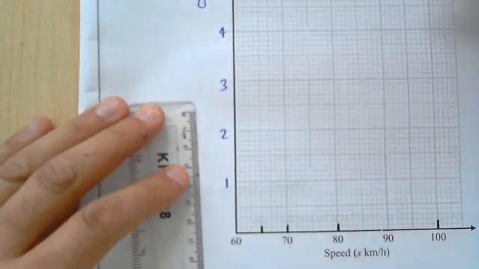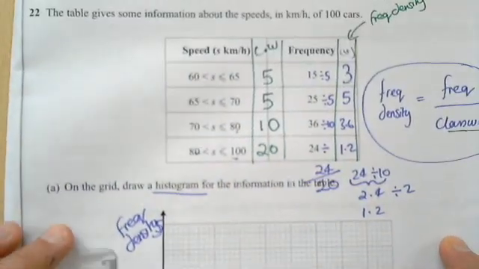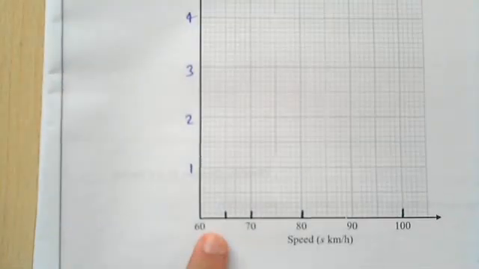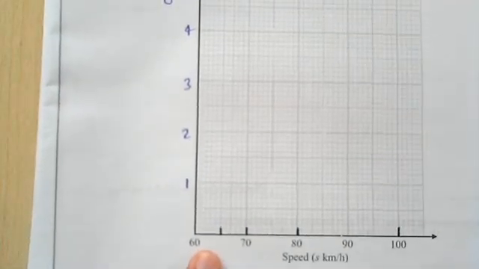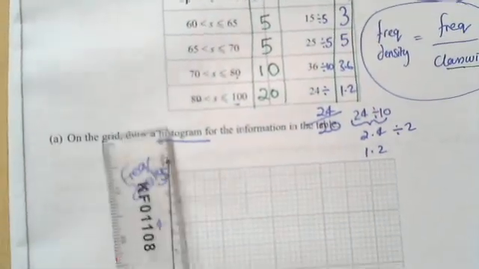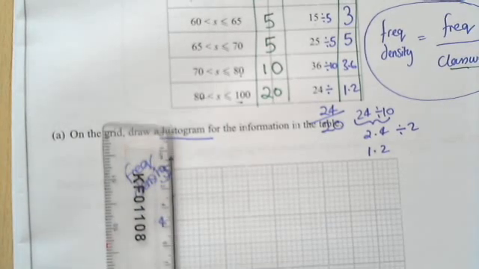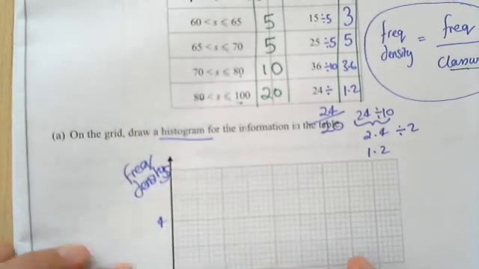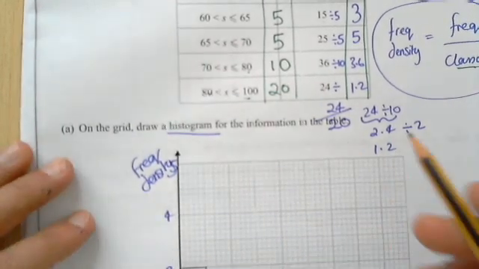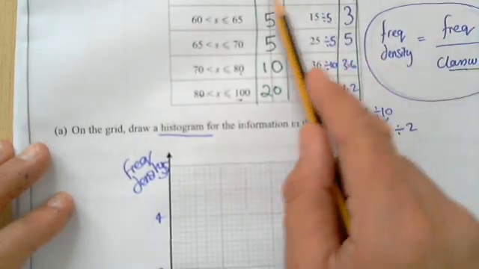This is really, in a sense, our y-axis. Now from 60 to 65, which is over here, we have to do the height of 3. So frequency density equals frequency divided by class width. That's the formula we're using for these questions.